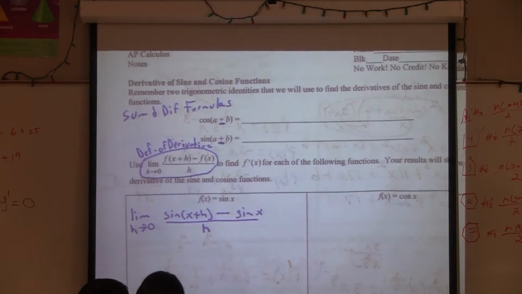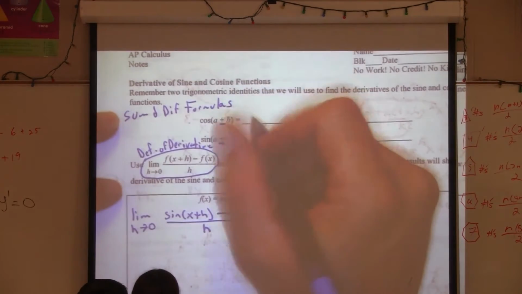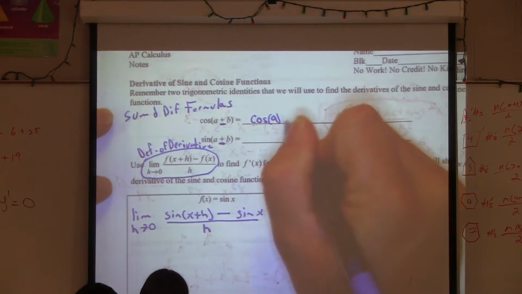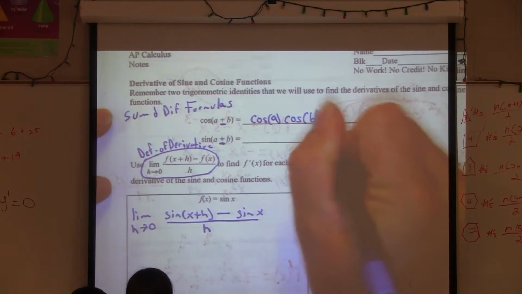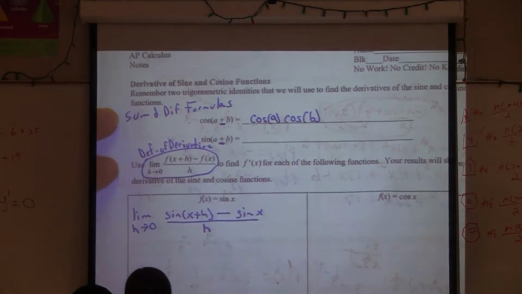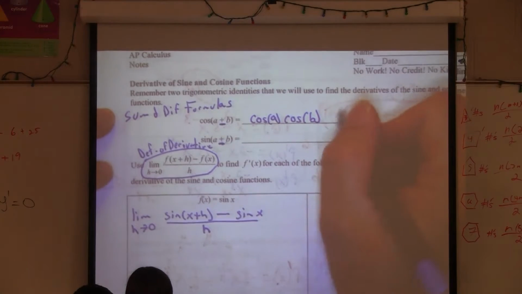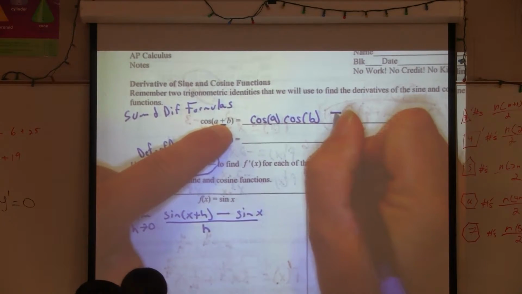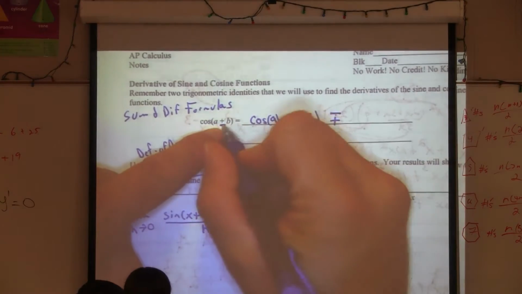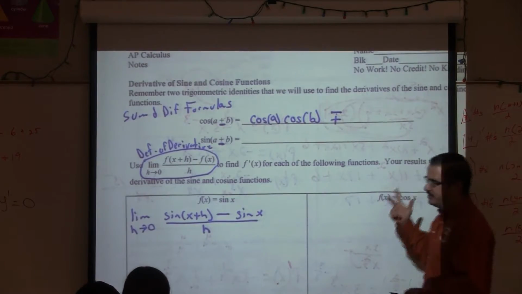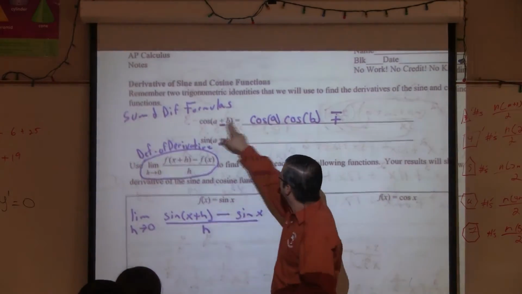I'm going to write both of them for you. For the top one, it's really easy. It'll be cosine of the first term A, cosine of the second term B. So it's cosine, cosine, AB. Easy? The tricky part to remember is that when it's a plus over here, it's actually a minus here, and when it's a minus here, it's a plus in the expansion. That's why I wrote it backwards. If it's a plus, it's a minus.